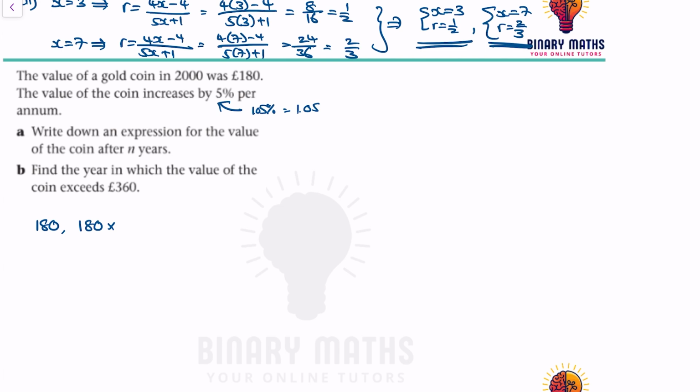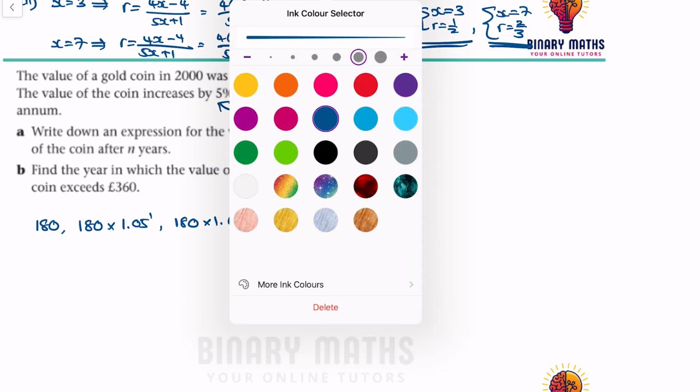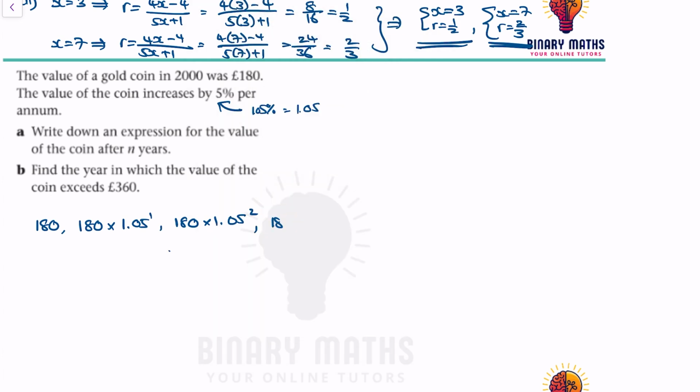So 1.05 is the multiplier. So it'll be 1.05 to the power of 1. For the next one, it'll be 180 times 1.05 to the power of 2 after 2 years.